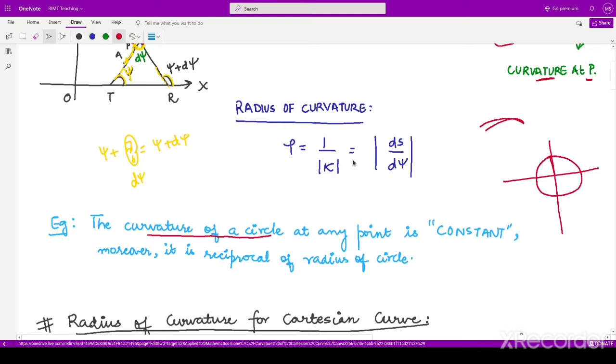So curvature of a circle at any point is a constant quantity, and moreover it is the reciprocal of the radius of the circle. The radius of one particular circle never changes and remains constant, so that means the curvature would also remain constant. So this is an example.